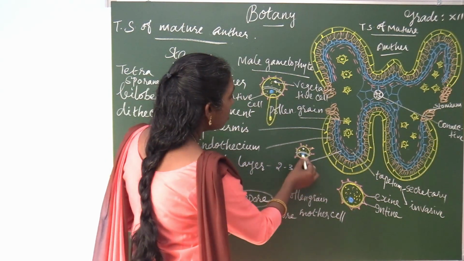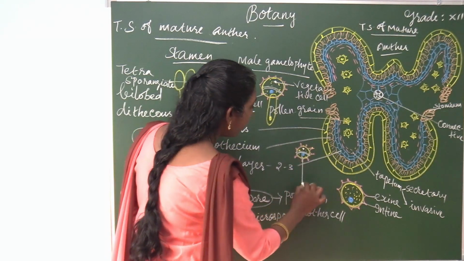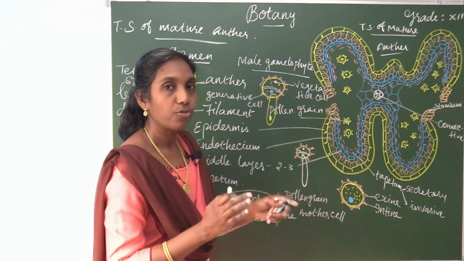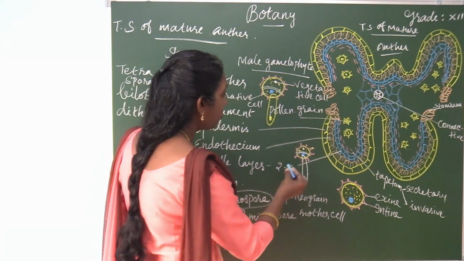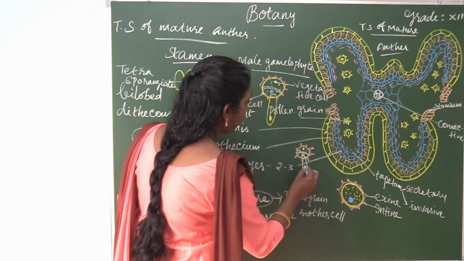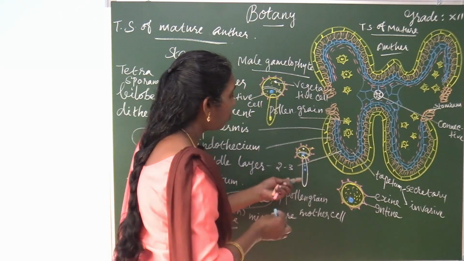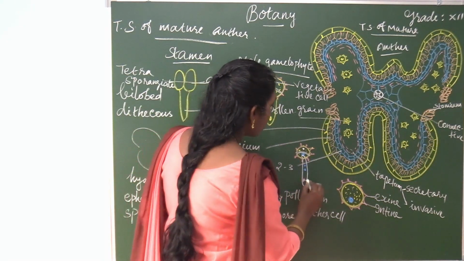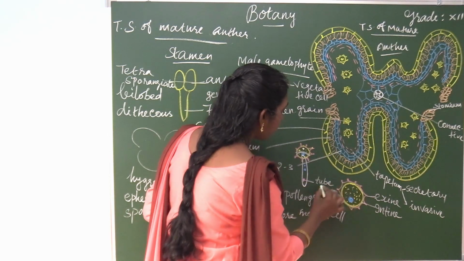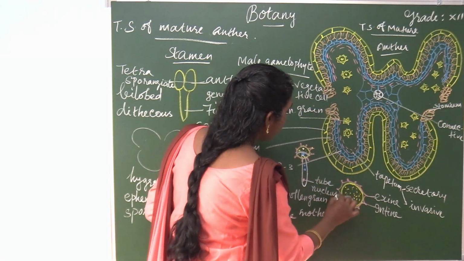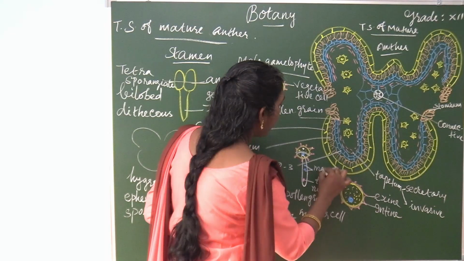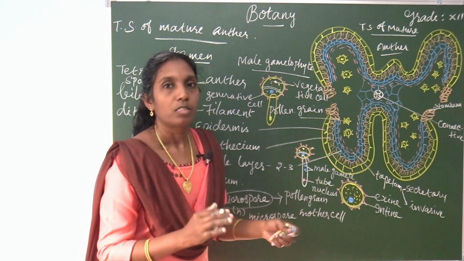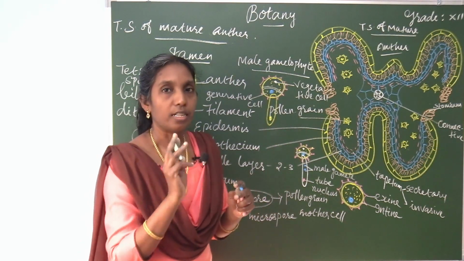At the next stage, the generative cell divides again and develops two male gametes. These are the two male gametes, and this is the tube nucleus. This stage is called the three-celled stage.